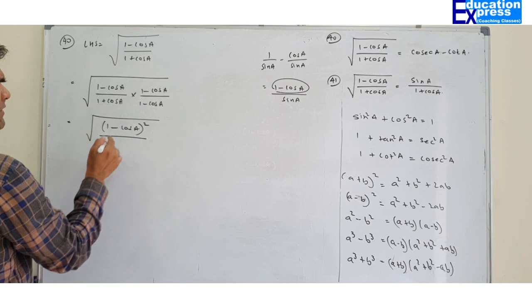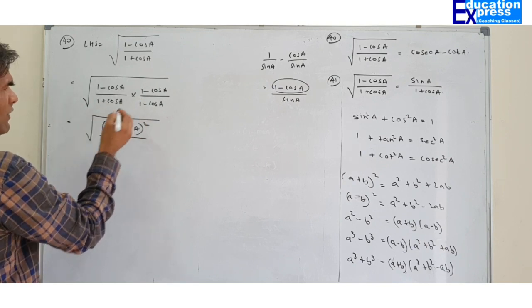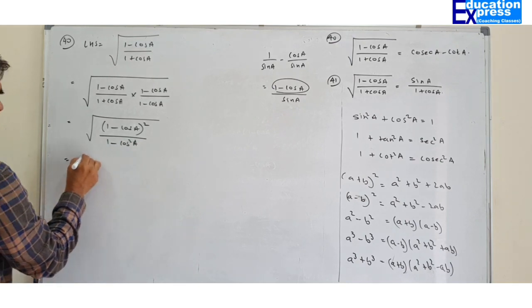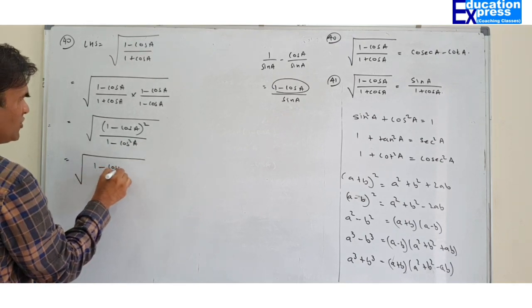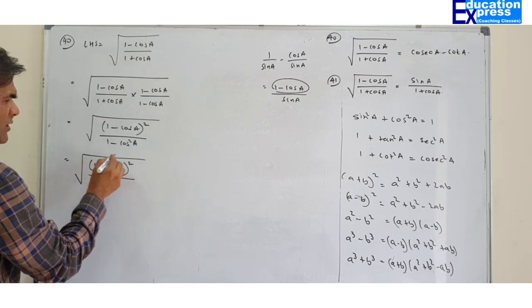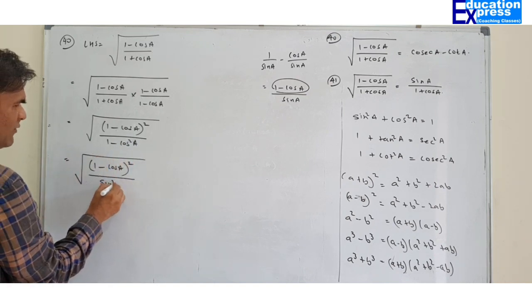And 1 plus cos, 1 minus cos would be 1 minus cos²A. Now 1 minus cos A the whole square upon 1 minus cos²A, which is sin²A.